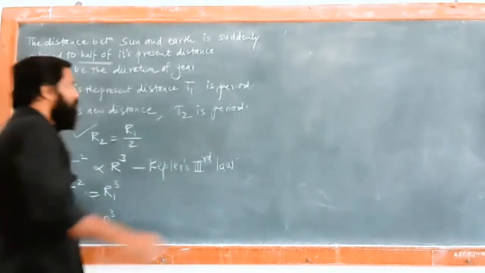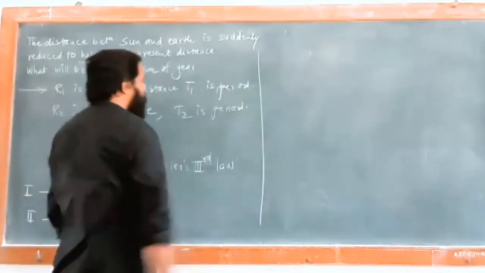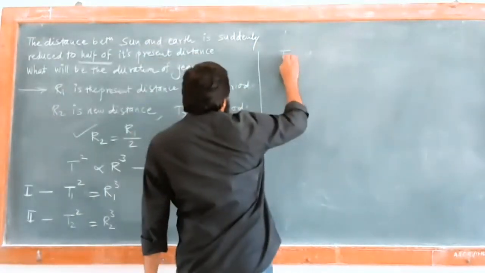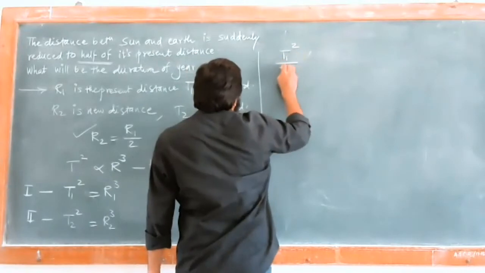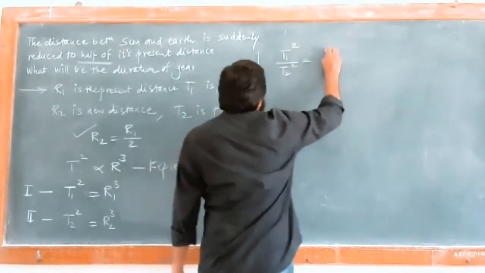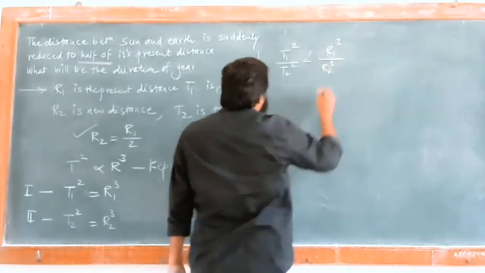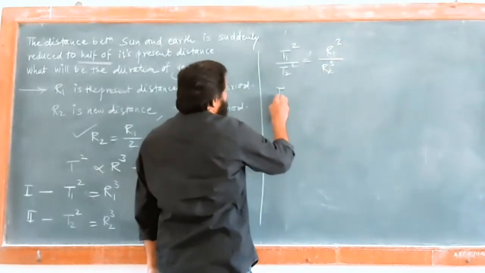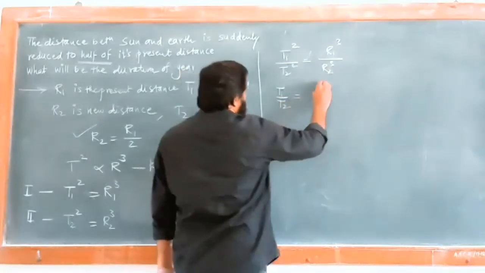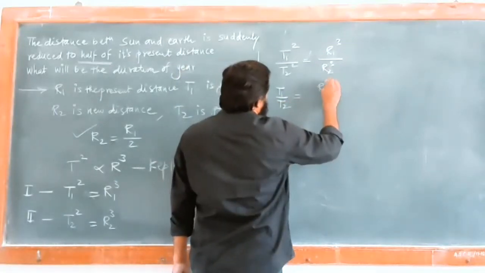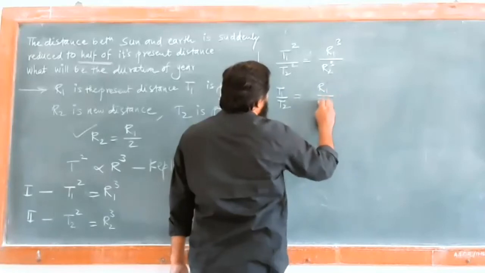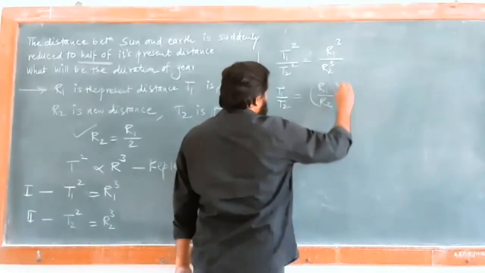What we have to find out is the value of t2, so I can take a ratio: t1 square divided by t2 square is equal to r1 cube divided by r2 cube.